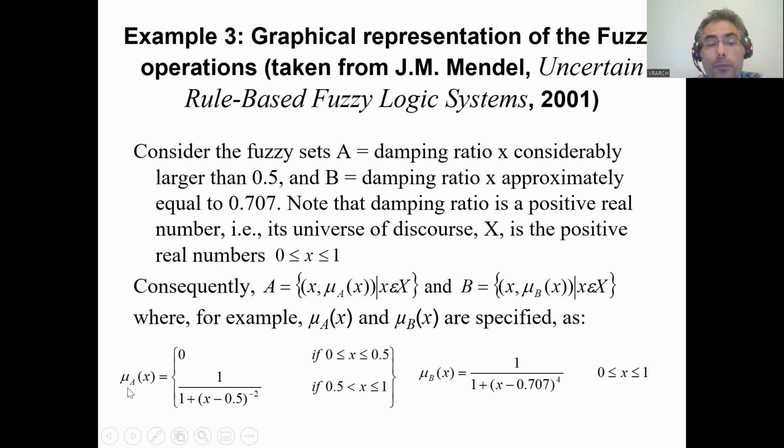So this is the membership function for fuzzy set A. It means what we said here, damping ratio X considerably larger than 0.5. Up to 0.5 it is 0, and between 0.5 and 1 it can be described that way. And the membership function for fuzzy set B can be described that way.